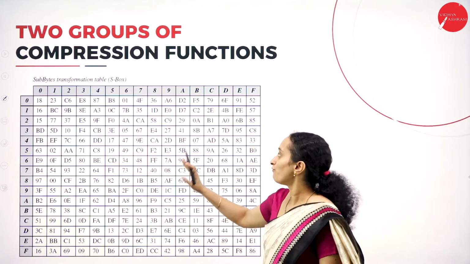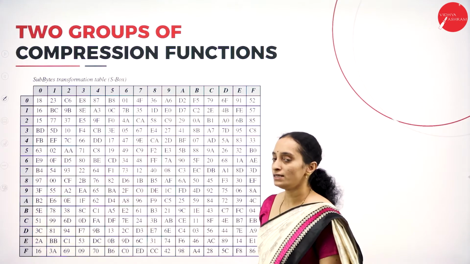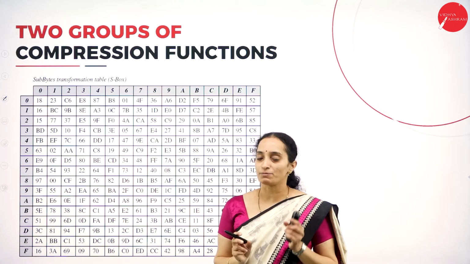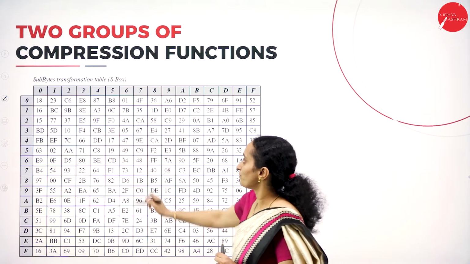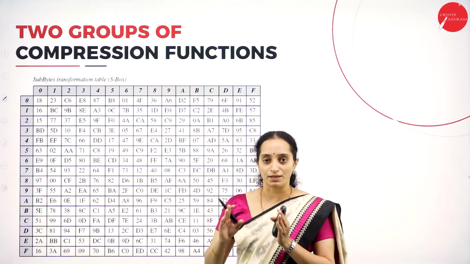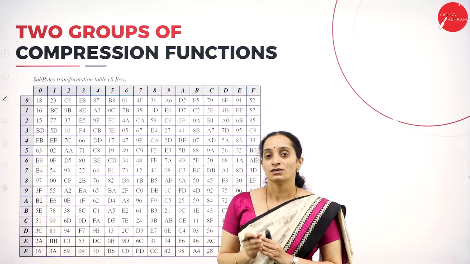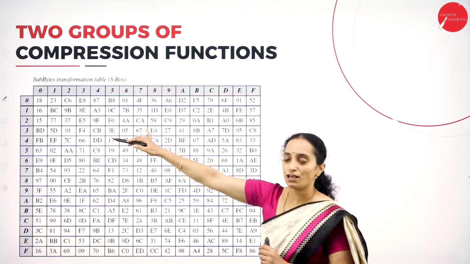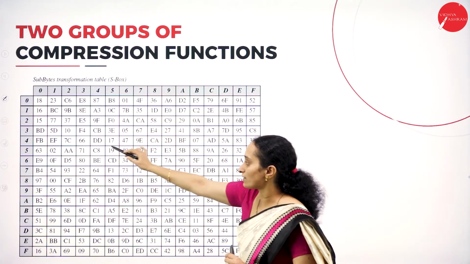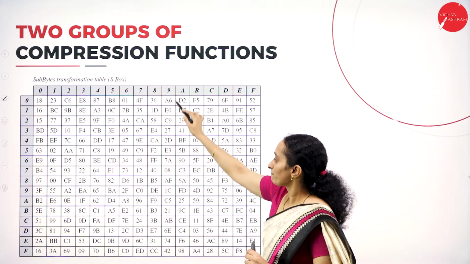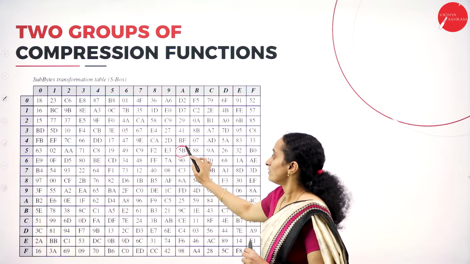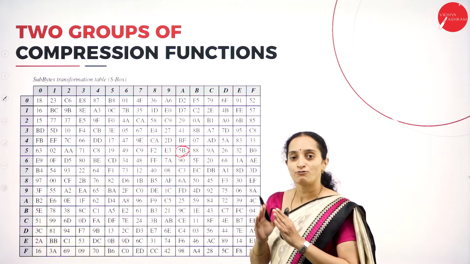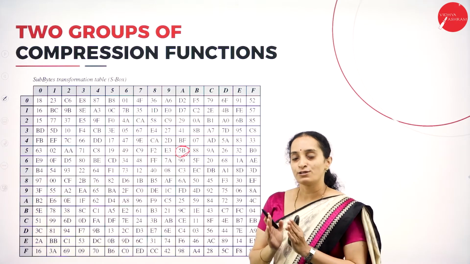Suppose you take 5A and 5B. It will change in only the second byte; the first byte stays the same. Only one value will be changed. So how does the transformation change it to a different value? Suppose you take 5 as the row and A as the column, 5A; we have 5B. So the transformed value will be 5B for the byte 5A.